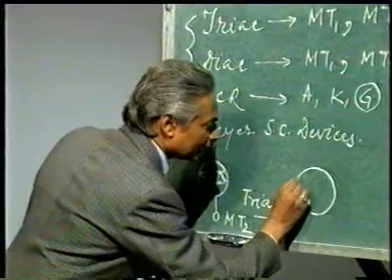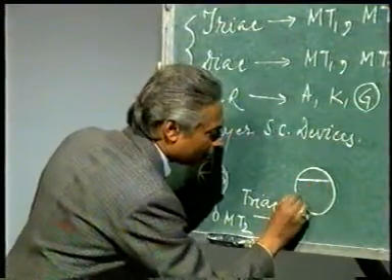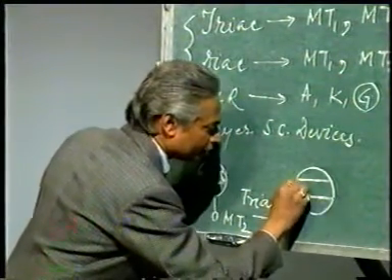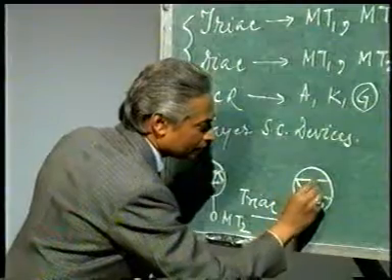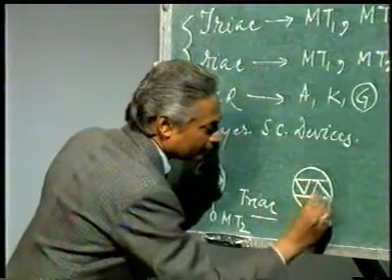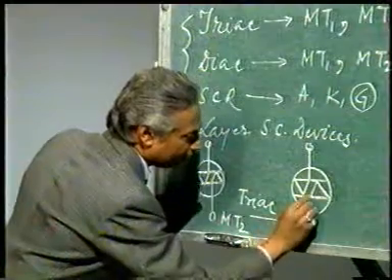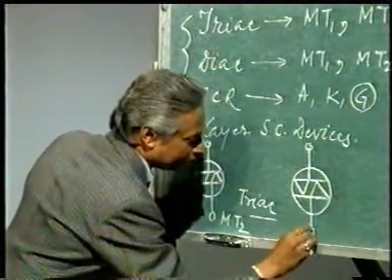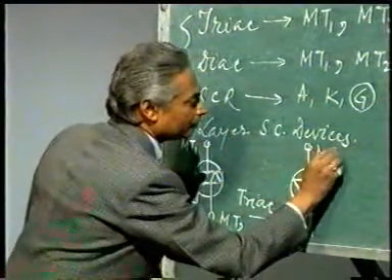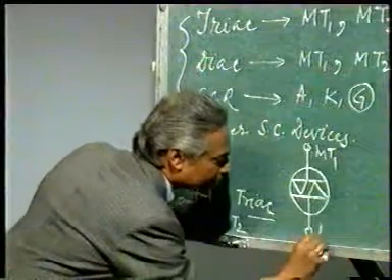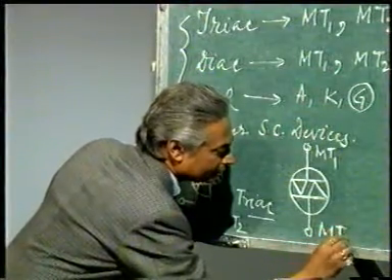If I draw the DIAC, it will also look like this. That means two arrows, the terminals are one here, one here. This is main terminal 1, this is main terminal 2.